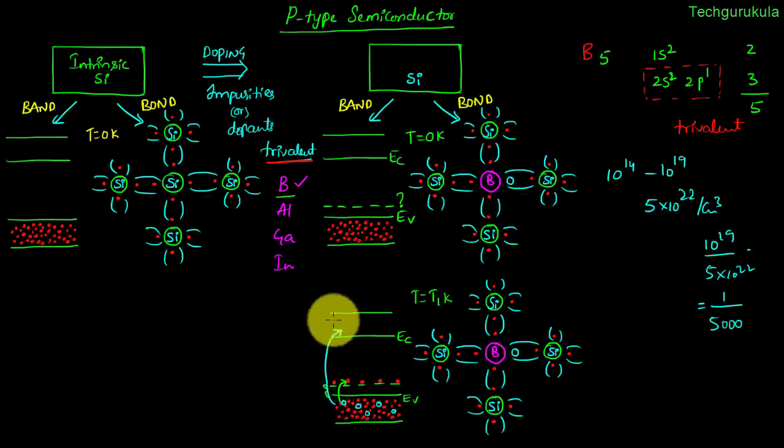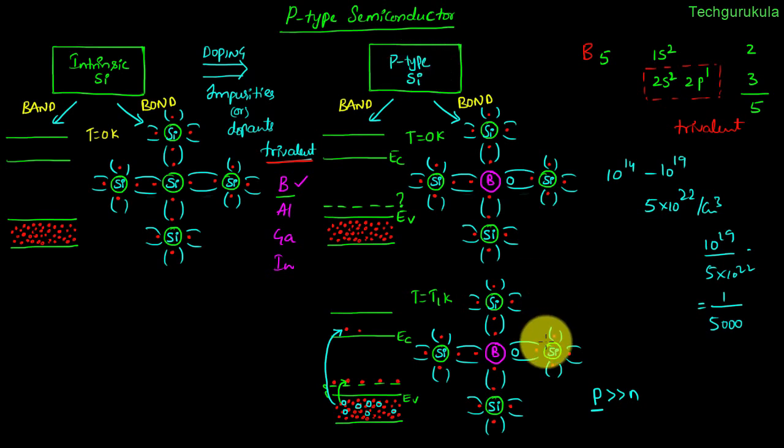So the electrons that see themselves in the conduction band will give rise to holes in the valence band. As a result, if we see here, the number of holes present in the valence band is far greater than the number of electrons in the conduction band. Because the carrier concentration of holes is the majority, we call this type of semiconductor a p-type semiconductor.